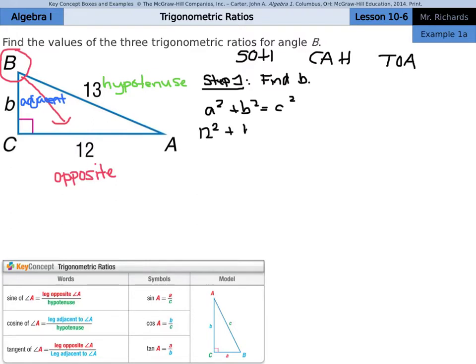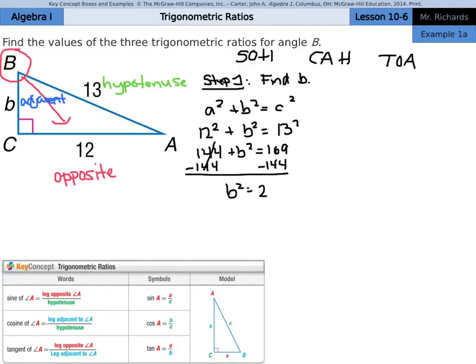So 12 squared plus b squared equals 13 squared. 144 plus b squared equals 169. Subtract the 144 from both sides. B squared equals 25. And if we take the square root of both sides, b is going to equal 5. So my adjacent side is 5.